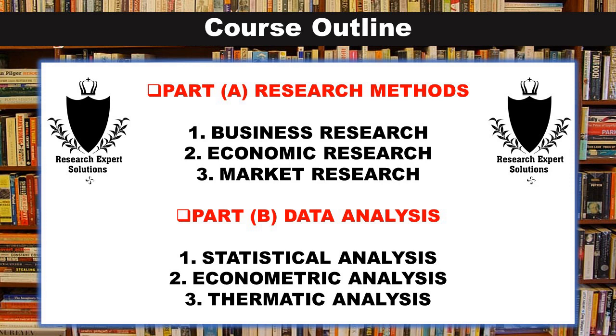On part B, we're more interested in the data analysis behind the research methods that we have proposed in part A. So for example, in part B, you will notice that we will be talking about statistical analysis as well as econometric analysis and thematic analysis. Statistical analysis just involves using statistical tools such as descriptive statistics, frequencies, and cross tabulations to analyze data.